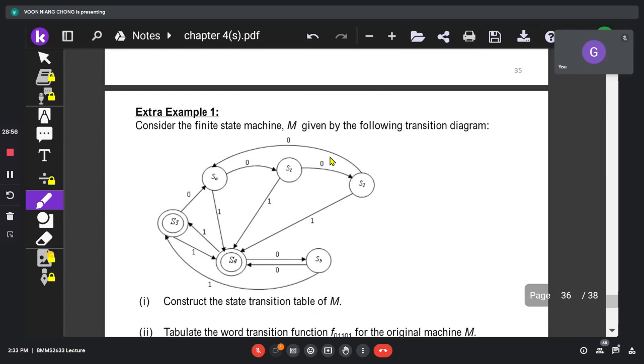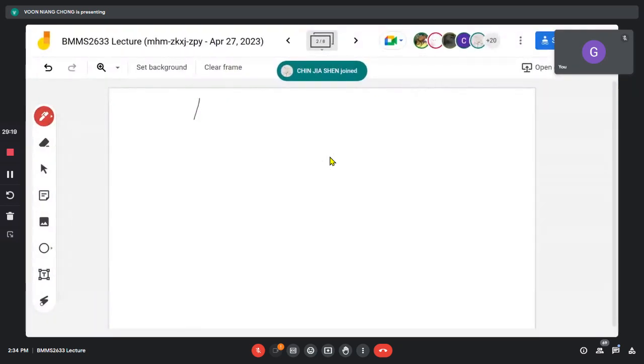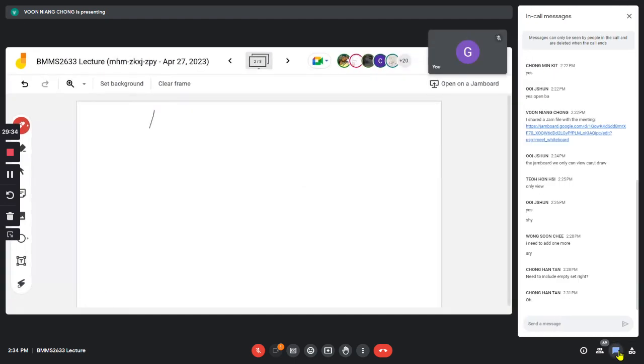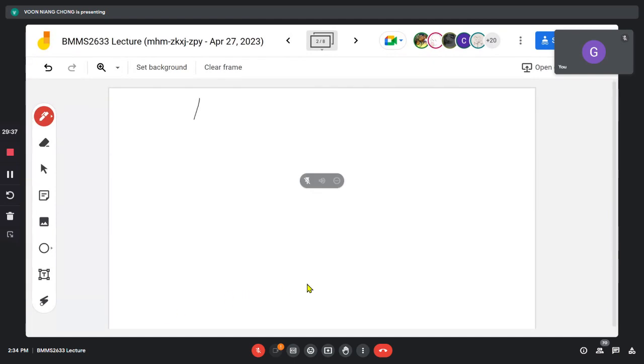Then copy the second slide. Anyone copy the question diagram to this? So I will just convert to the table first.